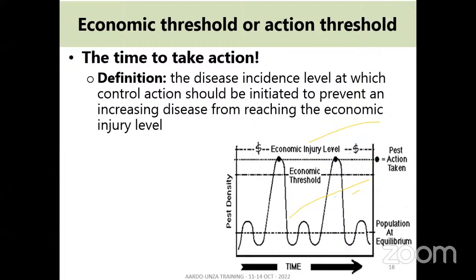But perhaps the weather that year was not conducive for the disease, so those spores will not germinate to infect the plant, or disease incidence and severity would at least be restricted. There are cases like that.